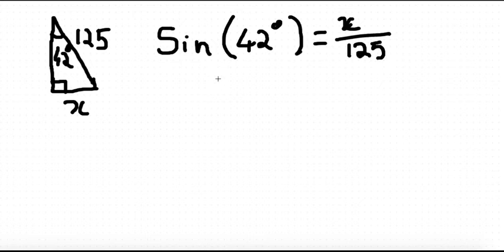And to solve for x, multiply both sides by 125, and you get x equals 125 multiplied by the sine of 42 degrees.